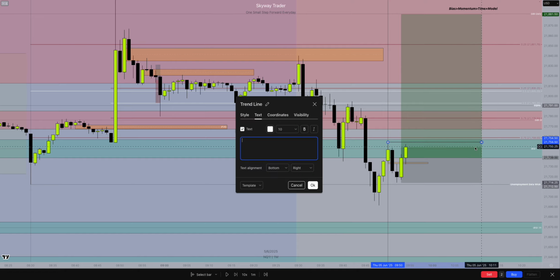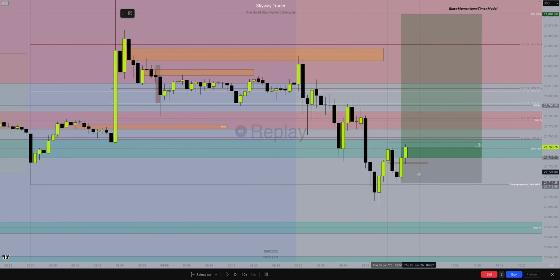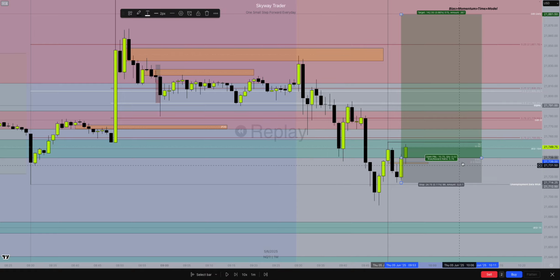So SL to BE, entry there. Usually for me it's 2 to 3 minis. I don't know what risk is here. It would depend on that.